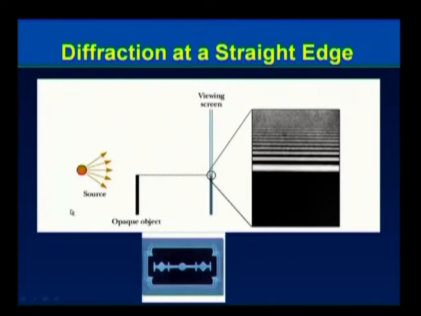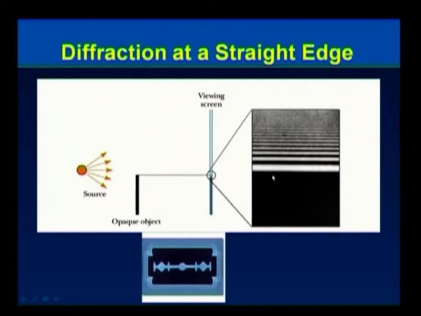This is the interesting picture. You have a source here, an opaque object, and the screen here. Around the edge of the object, which is a straight edge, you have this kind of pattern.